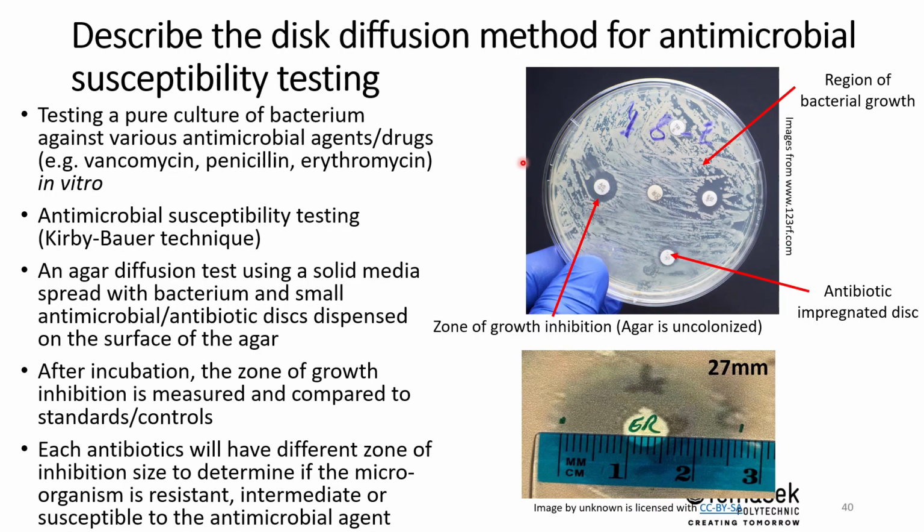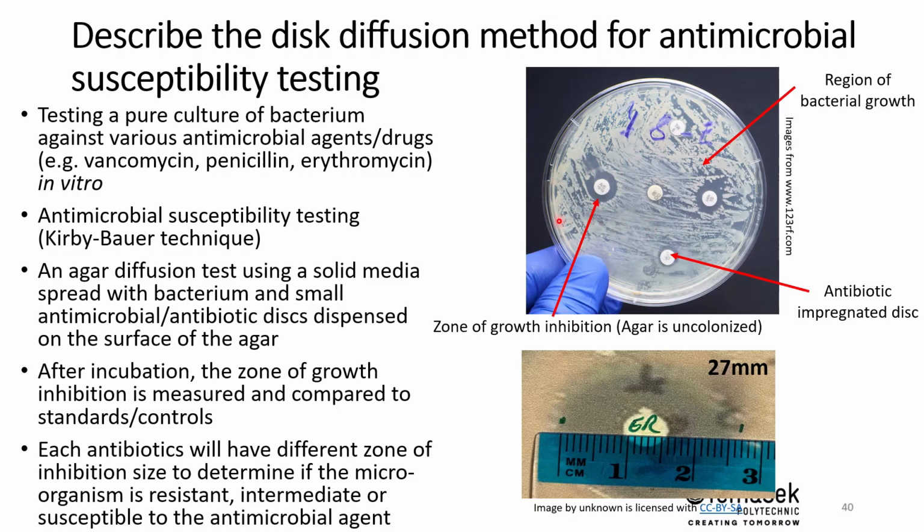It's a way of testing a pure culture of the bacterium against the various antimicrobial drugs in vitro. In vitro means we do it in the laboratory. Upon incubation, you can determine if there is any zone of growth inhibition. For example, in this case you see a zone of clearance around the antibiotic disc.